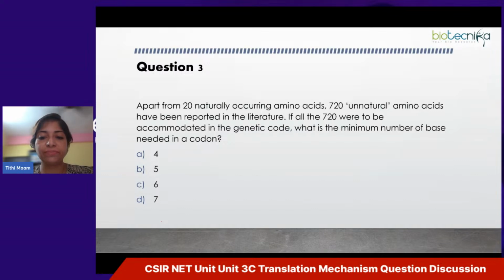Okay, next question. Apart from 20 naturally occurring amino acids, 720 unnatural amino acids have been reported in the literature.